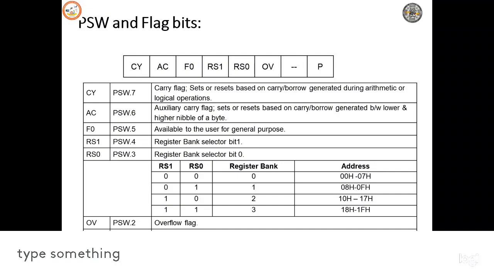Then the parity flag. It is set or cleared by hardware each instruction cycle to indicate an odd or even number of ones. If after the addition or subtraction the number of ones in your answer is odd, then that is odd parity, and we give that as 1.